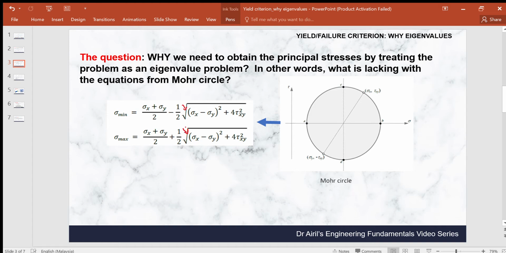Look at the 4 multiplier we have here. And look at the positive and the negative sign. Do all this remind you of something? They should remind you of the solutions of a quadratic equation, shouldn't they?